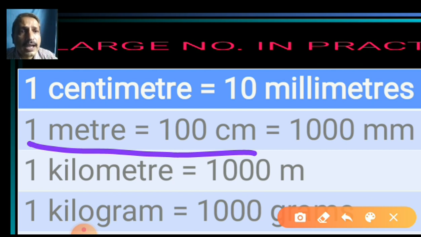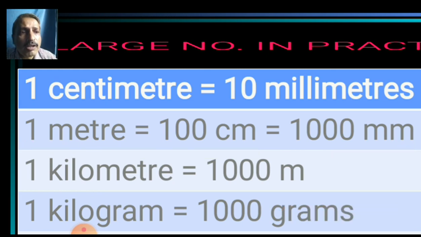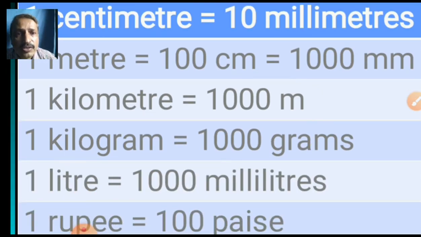Or you can say multiply by 10, then it will become millimeters. When you are moving from one place to another, you can see kilometers shown on the roadside. Yes, 1 kilometer means 1,000 meters. When you purchase vegetables or provision items, they ask you for kilograms. 1 kilogram means 1,000 grams.